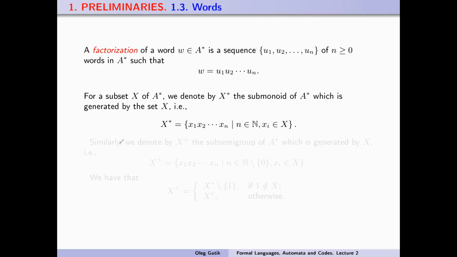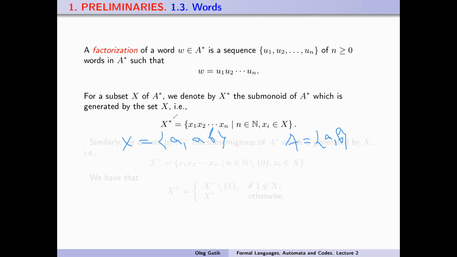Suppose we have X consisting of A, B, and a free monoid generated by the two elements A and B.